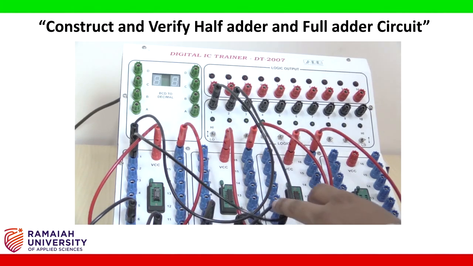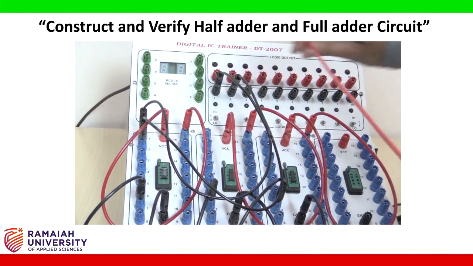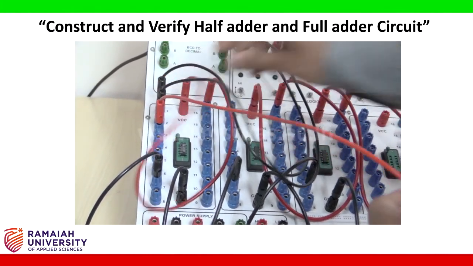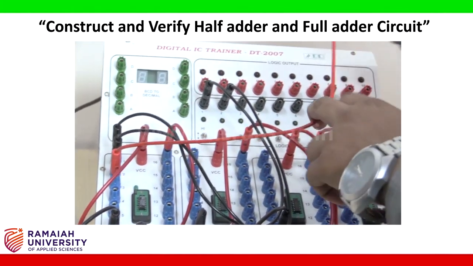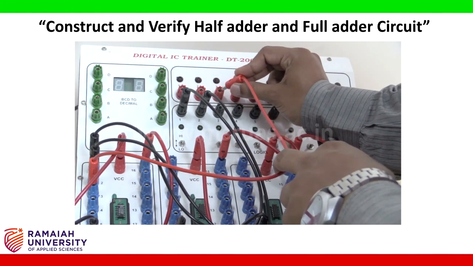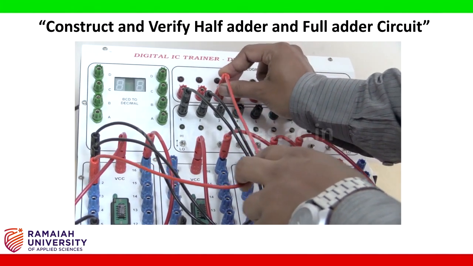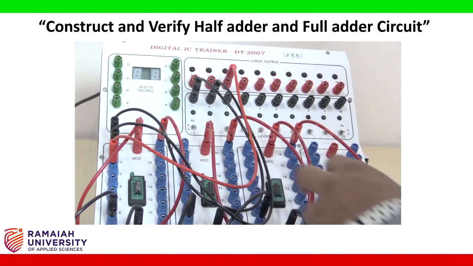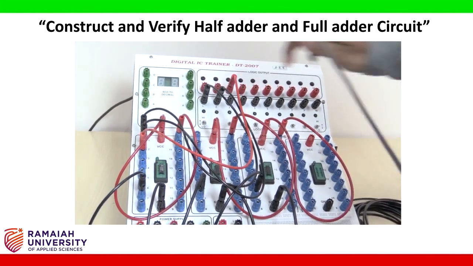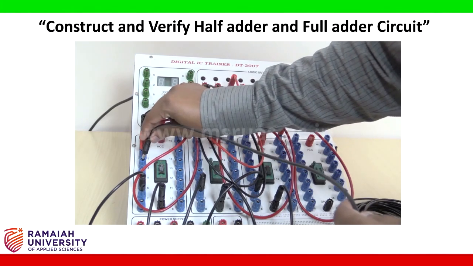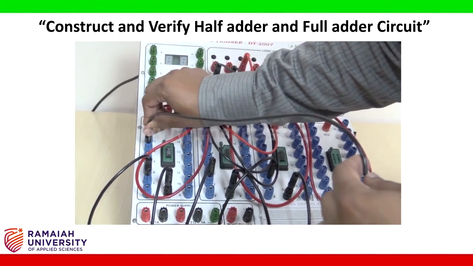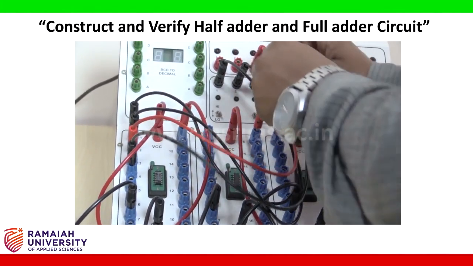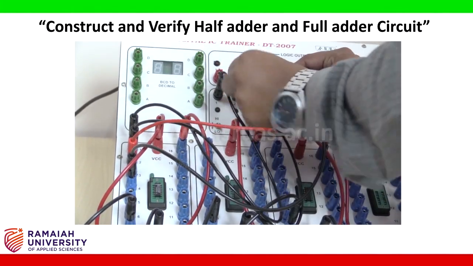Now the output of the first AND gate, that is pin number 3, is connected as output. I will connect this to knob number 3. This represents the carry output. Now pin number 4 of the AND gate, this is the second AND gate, is connected to input B here.